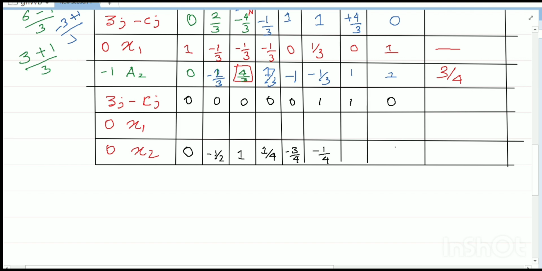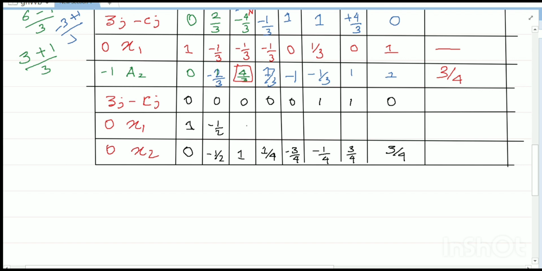This value, in the case of the solution, is 3 by 4. Okay, and this value is 3 by 4. So the entering vectors are x2 and x1. Okay, x1 is the same, I just fill in all the values because I do not show the calculation, it is very simple.